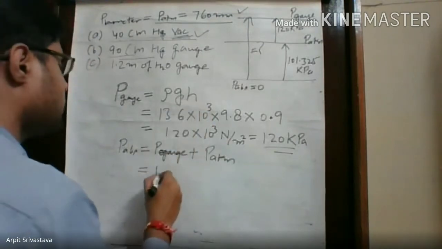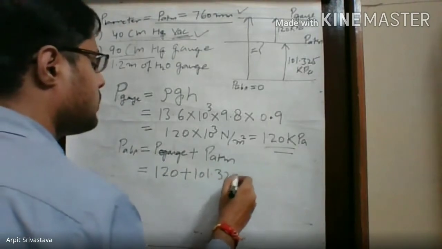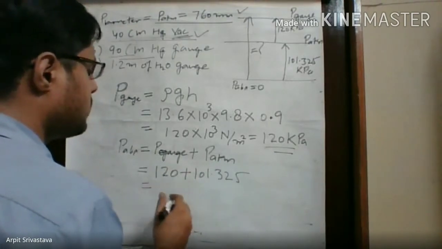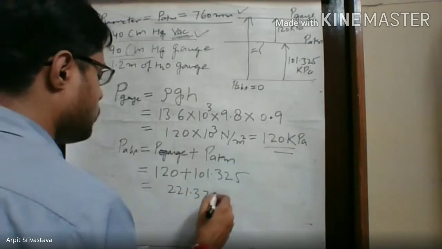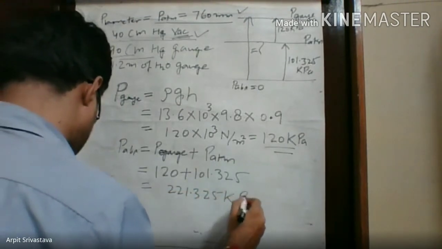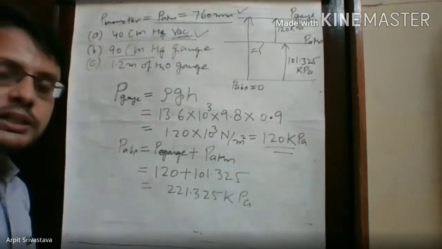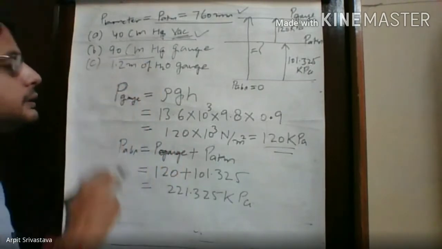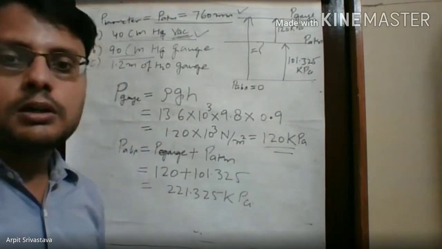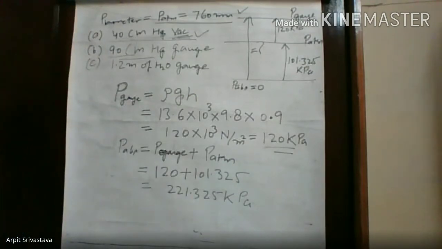So P gauge, that is 120, plus 101.325, gives a value of 221.325 kilopascal. So this is the absolute pressure value with respect to 90 centimeter of Hg gauge pressure. Okay, now we move to the third part.